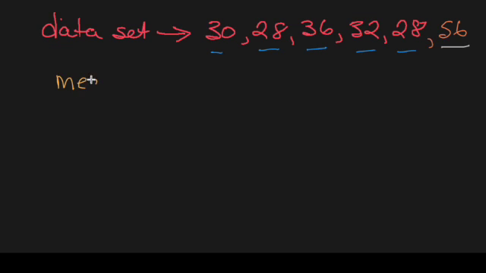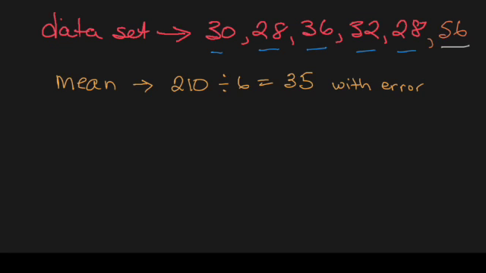For our mean with the error, we add all 6 items up in our data set: 30 plus 28 plus 36 plus 32 plus 28 plus 56, and we end up with 210. We divide that by 6 to get our mean, and in this case our mean would be 35, okay? And that is with the error, which is when he fell.